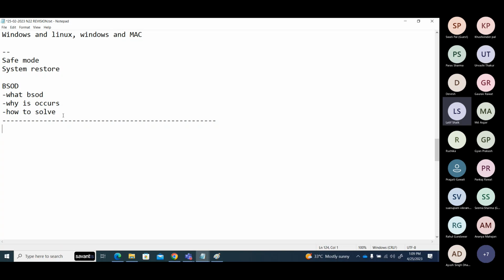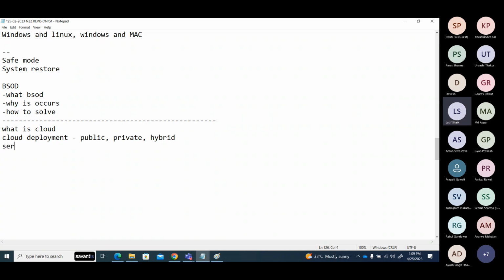Cloud computing: what is cloud? Cloud deployment models, like what is public cloud, private cloud, hybrid.